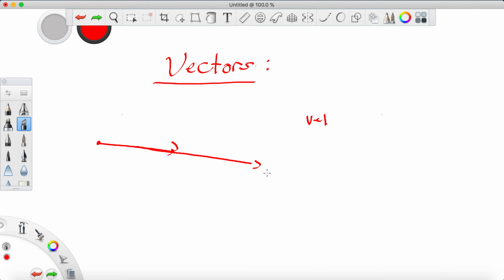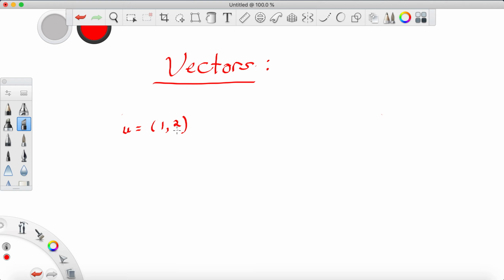So now we're going to talk about another way to think about vectors. Another way to think about vectors is that they're collections of numbers. So if you have a vector u and it has, let's say, components 1 and 2, okay?